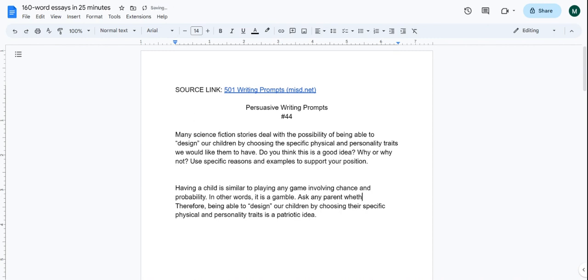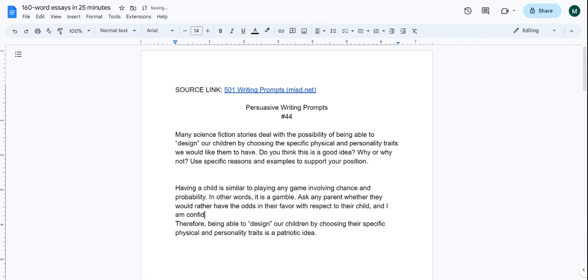Ask any parent whether they would rather have the odds in their favor with respect to their child. And I am confident the answer would be a resounding yes.